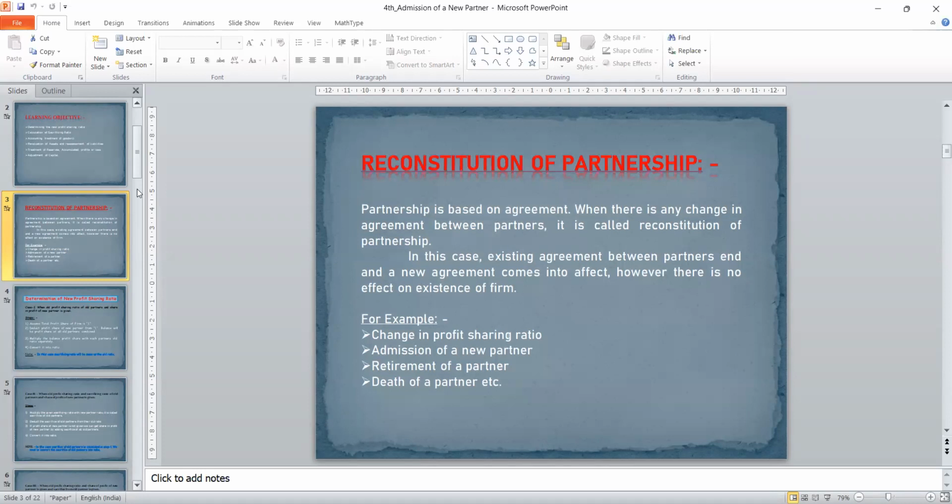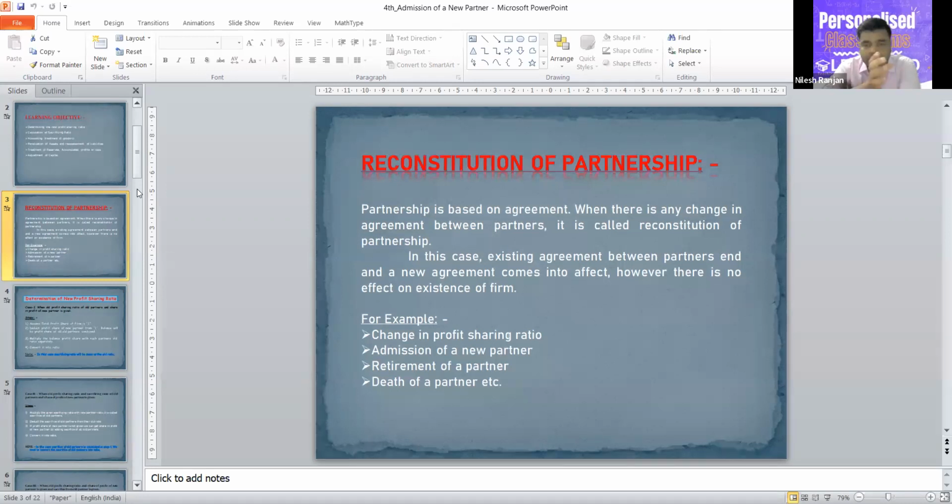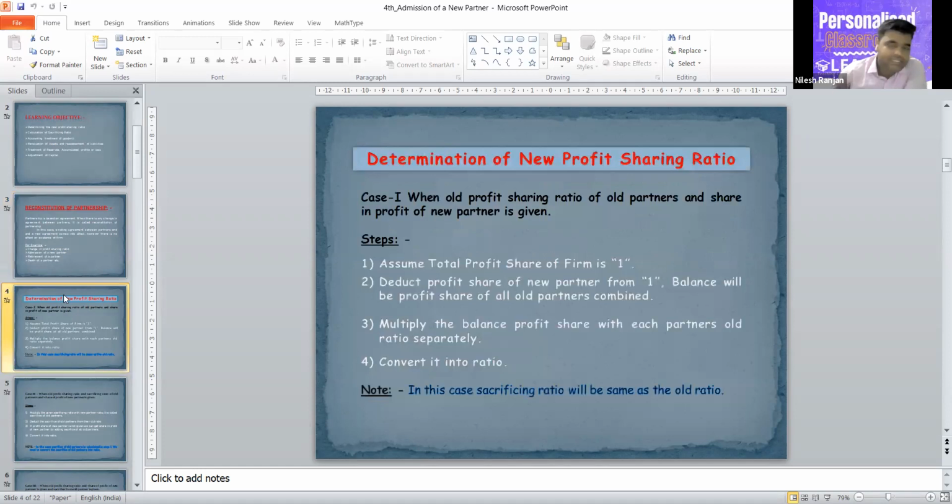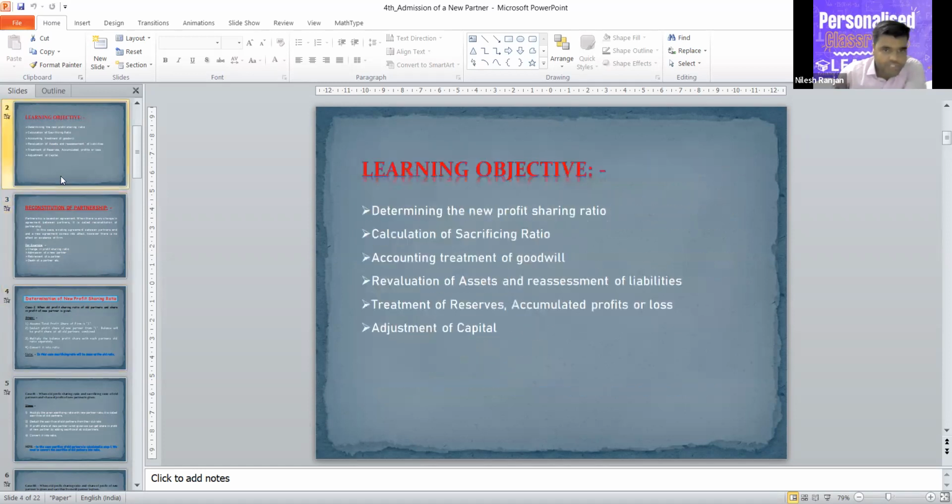There are some other situations also, but you don't have to study them here. Actually, there is a combination of two partnership firms coming together to form a new partnership firm. In that case also, reconstitution of partnership is required. These are the adjustments required at the time of reconstitution of partnership.